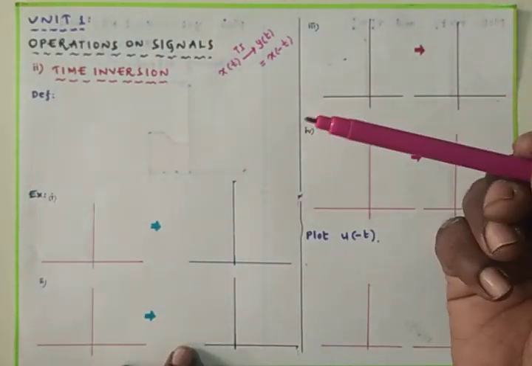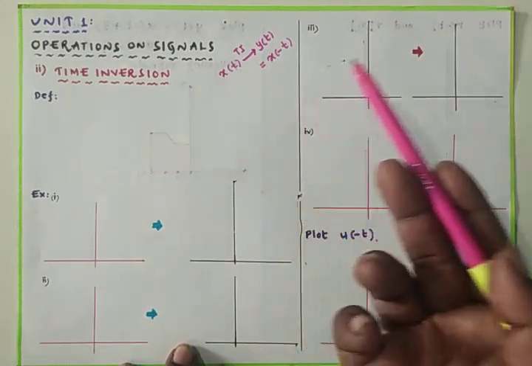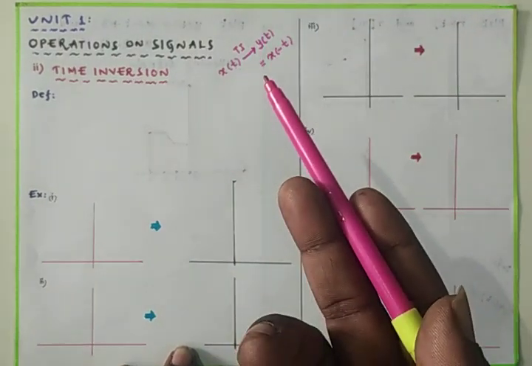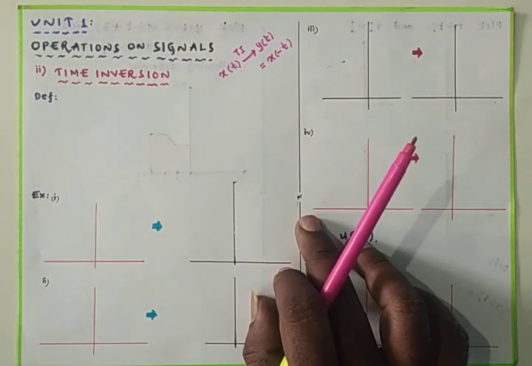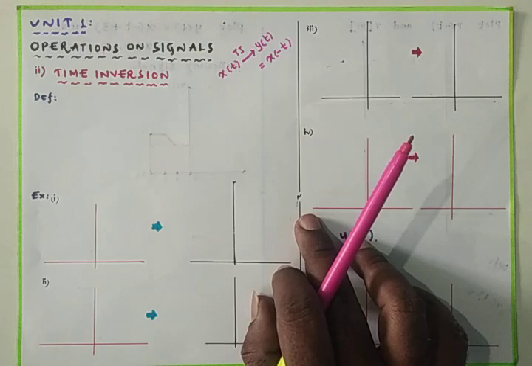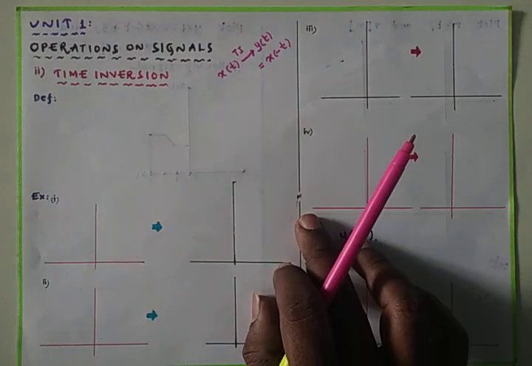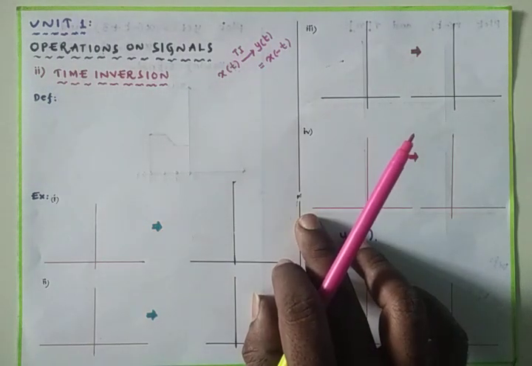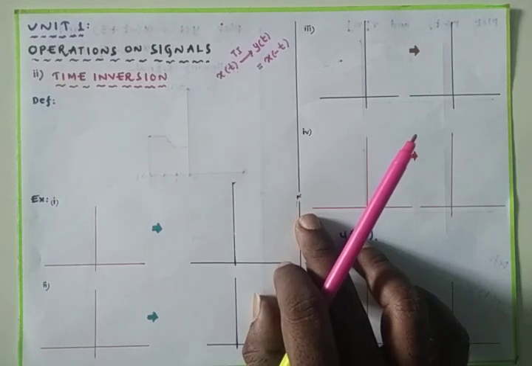The signal played backward is the time reversal of that particular speech signal, which we assumed to be x of t. It is a general example of the time folding operation, the time inversion operation, the time reversal operation, or the time reflection operation also. We have many names for this one.